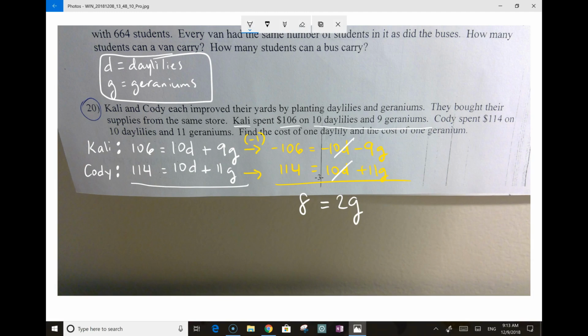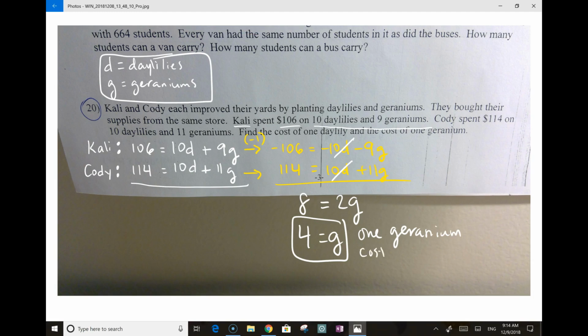And with that, if I divide by 2, I know right away, hey, my G is 4. And what this means is that one geranium costs $4. And now what I have to do is figure out the cost of a daylily, one daylily.